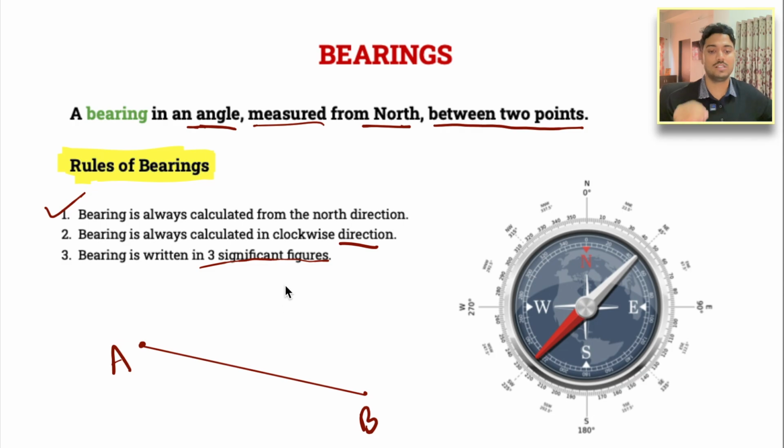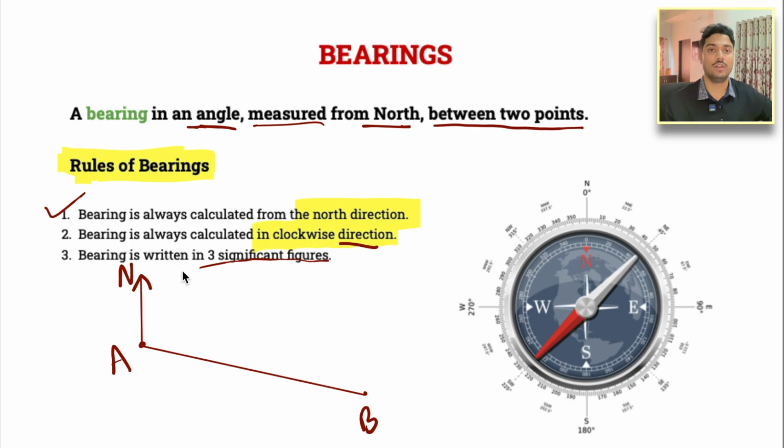rules. The first one is bearing is always calculated from the north direction. So what we'll do, we'll sketch a line right above point A like this, and we'll mark it as our north line. Second rule says bearing is always calculated in clockwise direction.